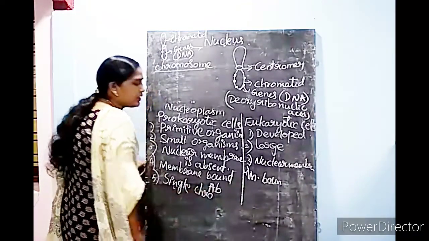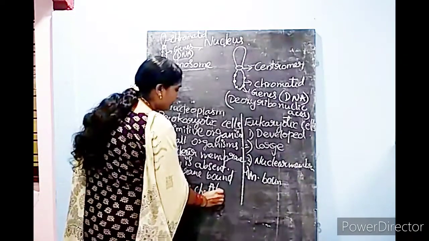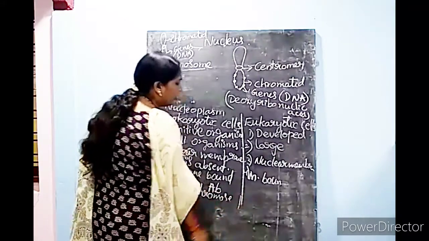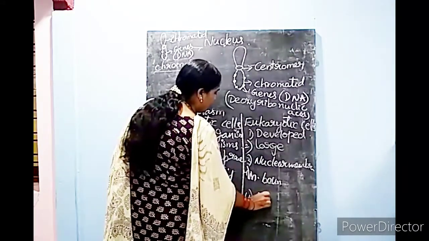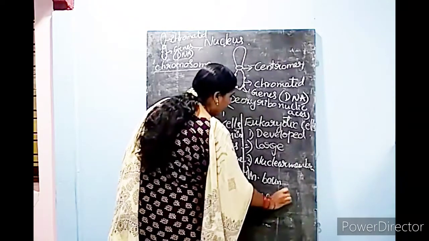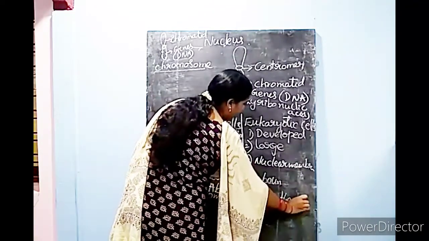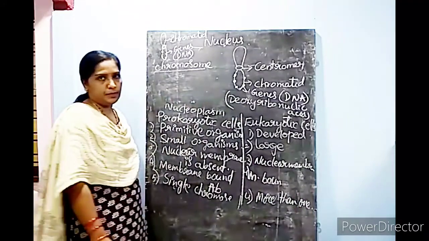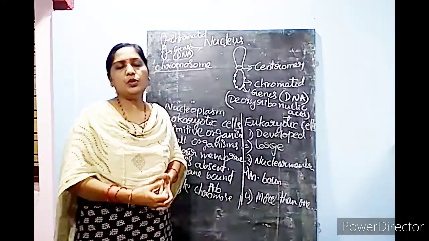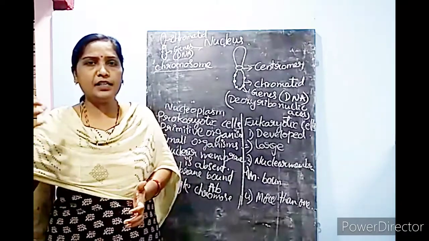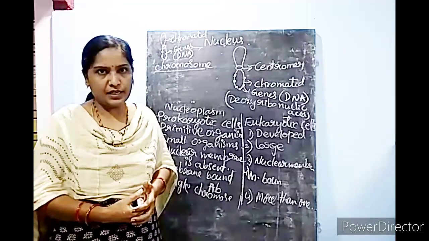And in prokaryotes, a single chromosome is present. When we come to the eukaryotes, more than one chromosome. It may be 2, it may be 3 or it may be n number, that differs. The number of chromosomes differs from one organism to another.